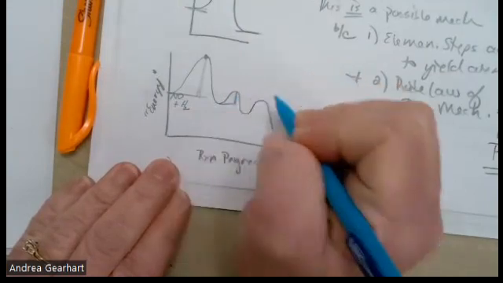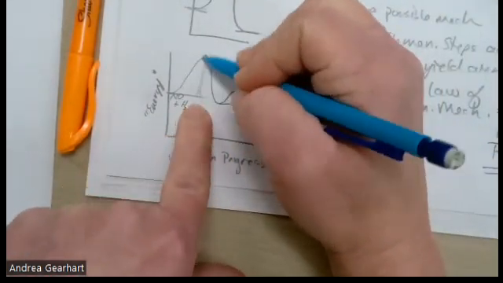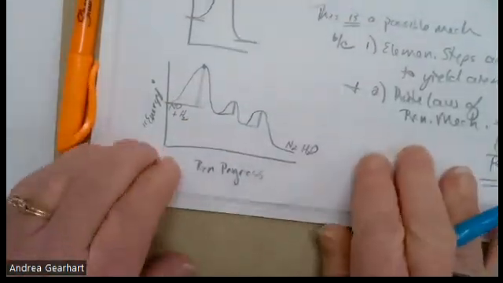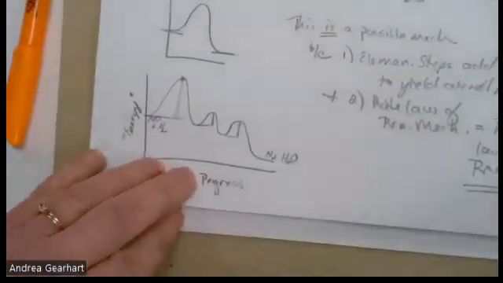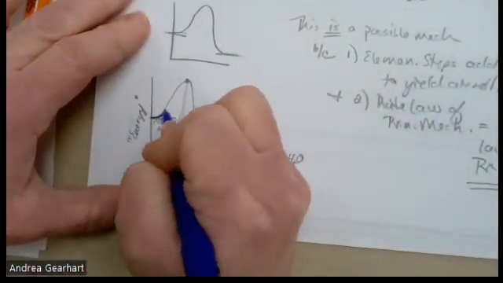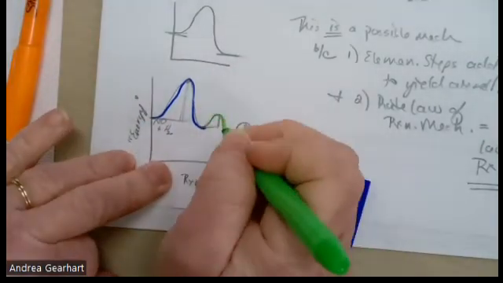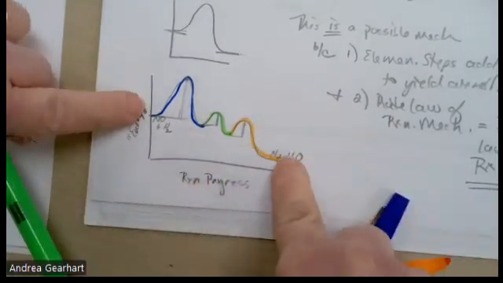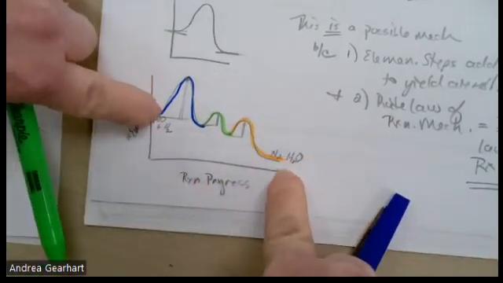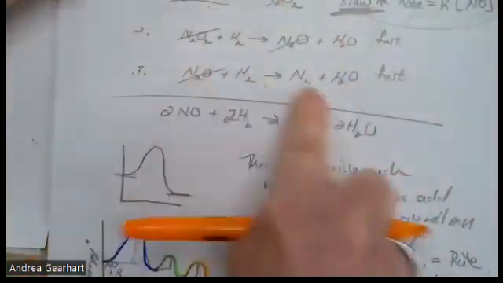That is definitely the greatest height of hill. That's going to be our rate determining step, and that does match the slow step. Each of these peaks, this would be the first elementary step, this would be the second, and this would be the third. So overall, we start with this and get this, but we think it happens in these three steps.